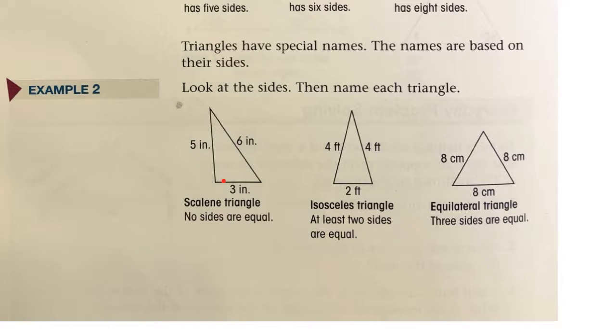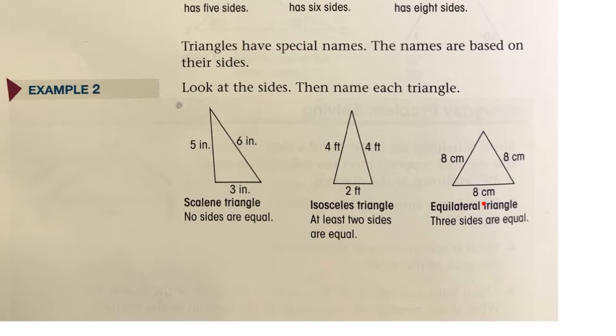This one's 5, this one's 3, and this one's 6. An isosceles triangle has at least 2 sides equal. This side and this side are both 4 feet. So it is an isosceles triangle.